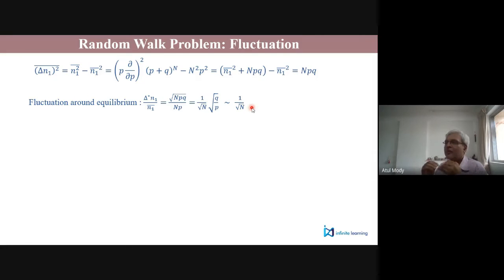This is exactly like when the drunkard takes a step, he takes either forward or backward. Either it's a head or it's a tail. Okay. In this case, of course, P and Q are both the same, unless it is that Amitabh Bachchan's coin in the Sholay film. But for an unbiased coin, on one side you have head, on the other side you have tail. So P and Q are both half.